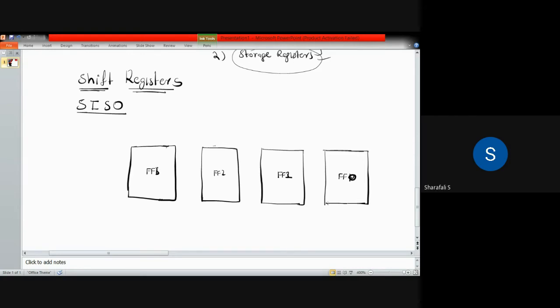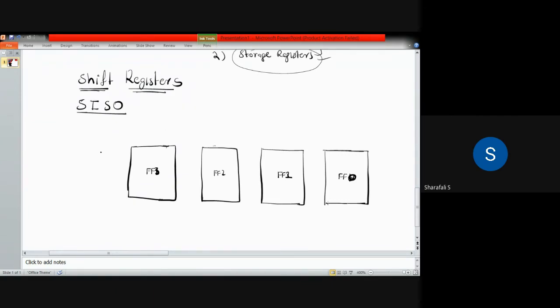I'm just taking these as data values. So this is flip-flop 0. Or you can take 1, 2, 3, etc. Anyway, it does not matter. So these are my flip-flops.